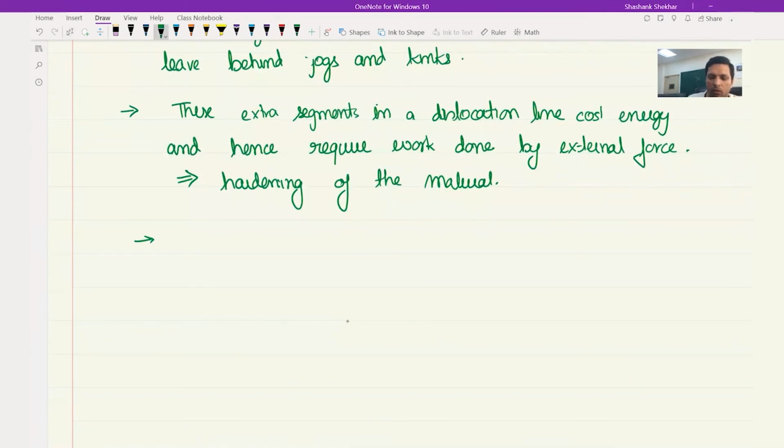Now, the simple rule when an intersection is formed is that the size of the step is equal to the magnitude of the Burgers vector of the other dislocation.